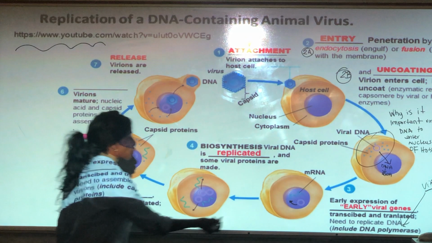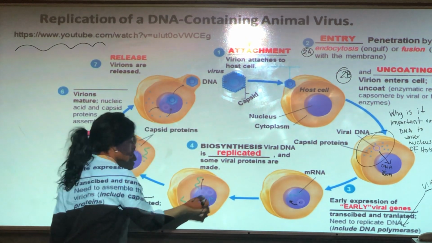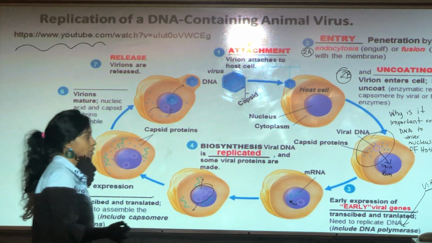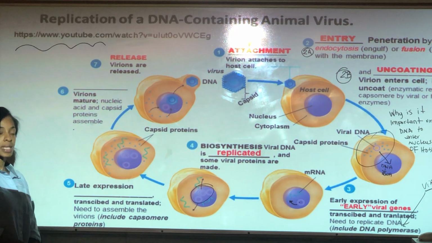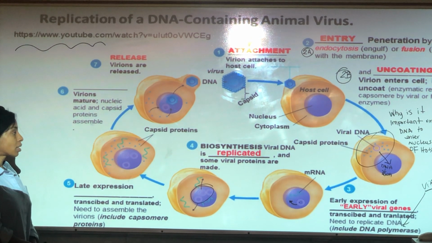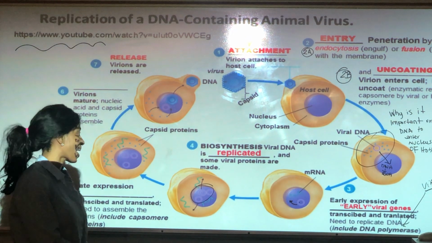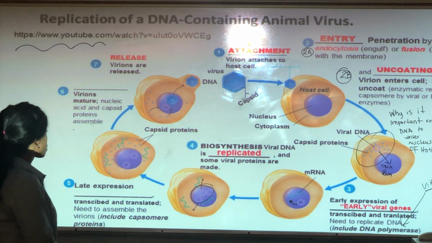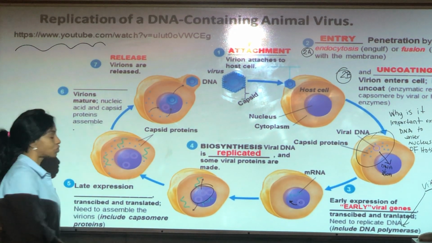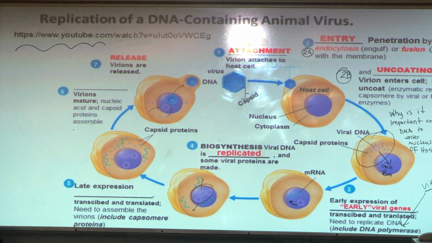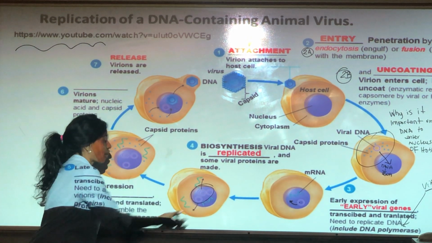So now we go from one little virus particle, now we have three. So we have the DNA polymerase that is made in order to replicate, make many copies of this DNA for the virus. So once this is done, now we have multiple viruses.